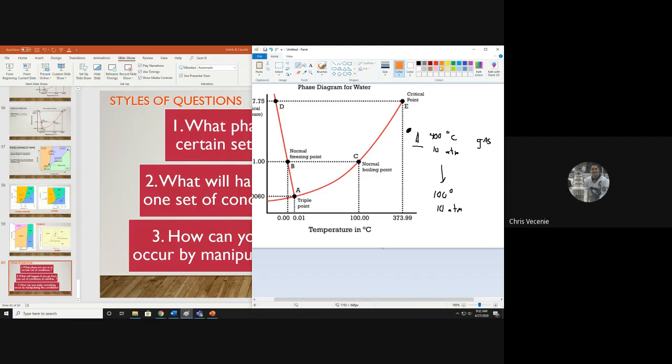Then you jump into set of conditions B, 100 degrees Celsius, 10 atmospheres. I'm here. That means I'm a liquid. So you had to go from here to here. You went through a line. That means you underwent a phase change, right? And you know what phase you were. I was a gas, and now I'm a liquid.